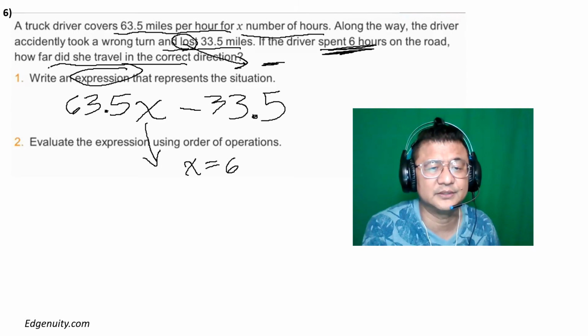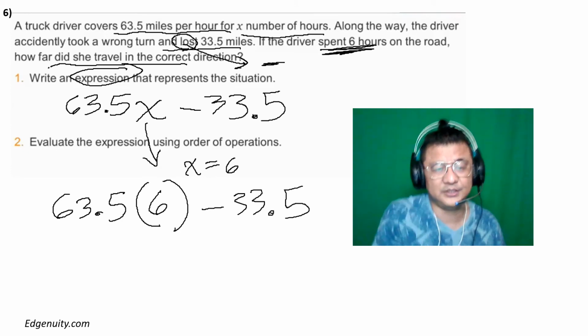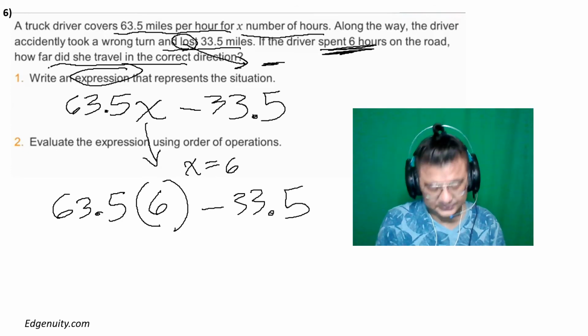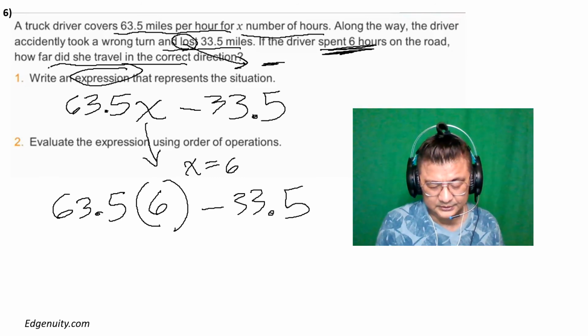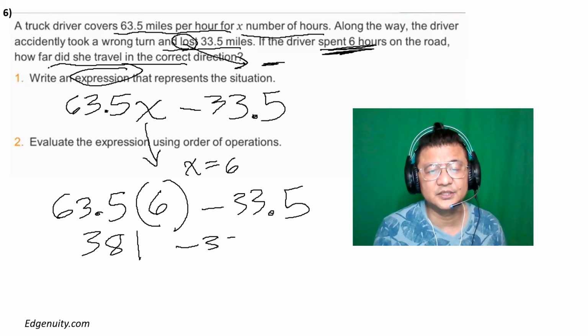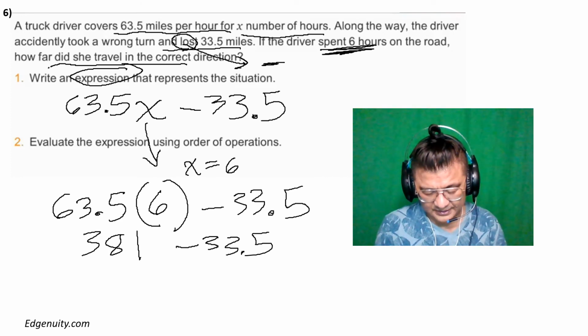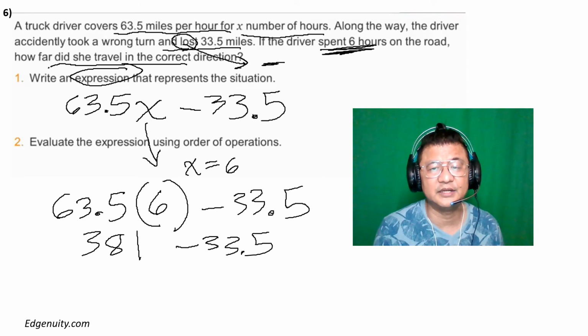So let's try it. So 63.5, we were now evaluating, times 6 hours, then remove the 33.5 miles. So let's multiply. 63.5 times 6, you will get 381. Subtract the 33.5, minus 33.5, you will get 347.